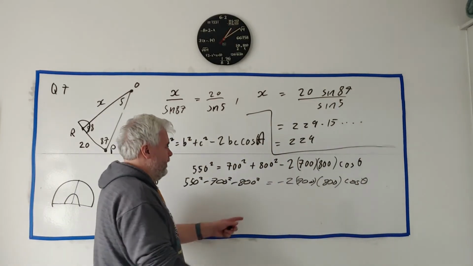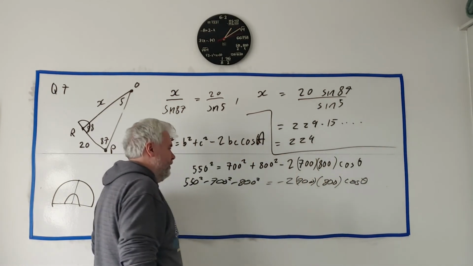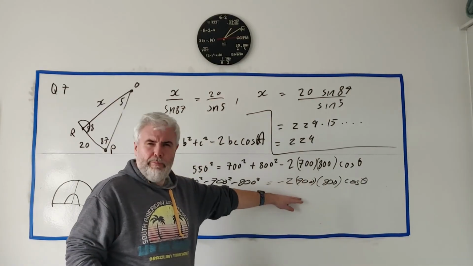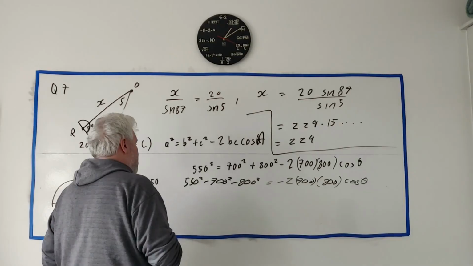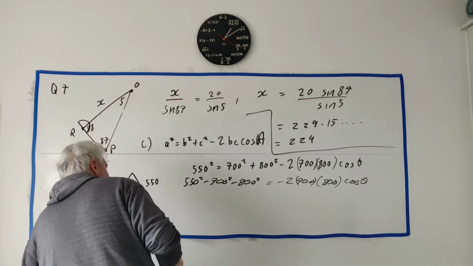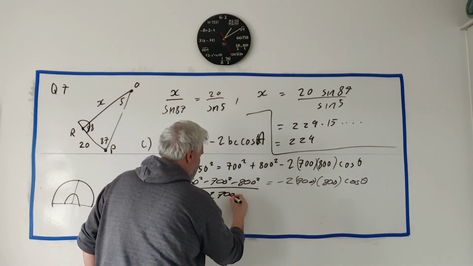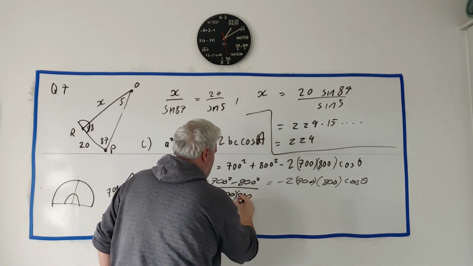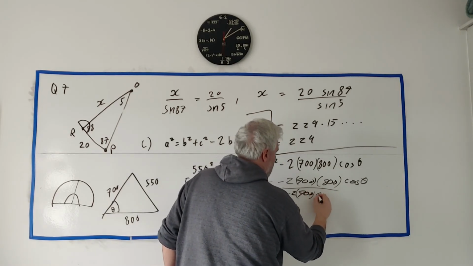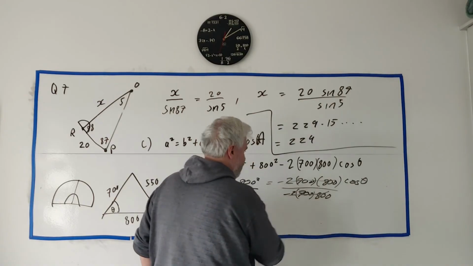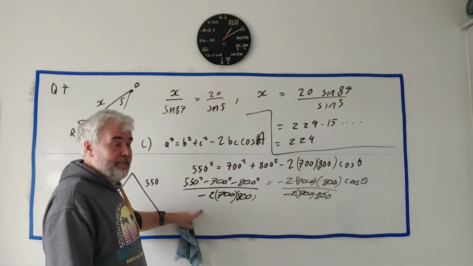Okay, next thing, this number here, 2 times 700 times 800, you can do it on a calculator, but it's really just one big number and it's multiplying by cosine. So let's divide both sides by it, minus 2 times 700 times 800, and that cancels. So we're left with cosine theta is equal to this.